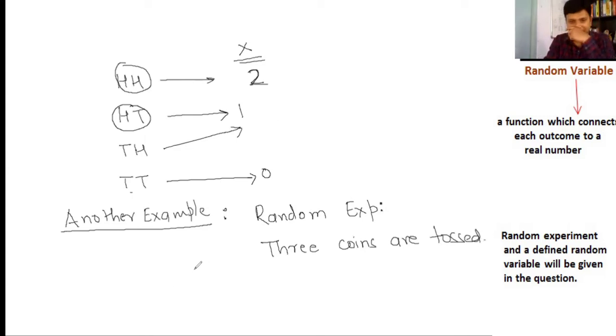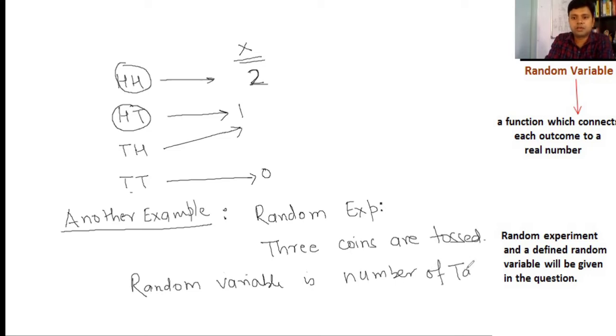We must define what the random variable is. So the random variable is the number of tails in the outcome.